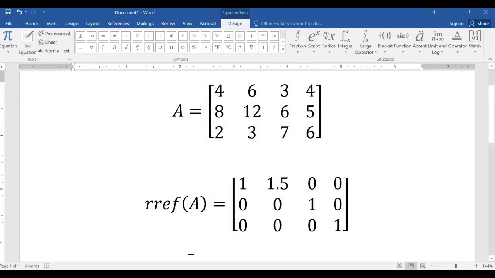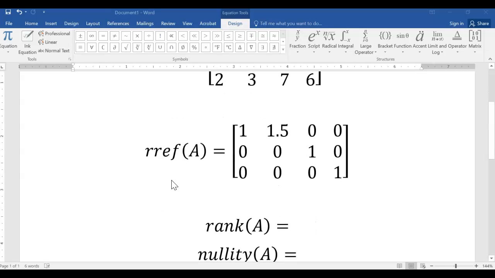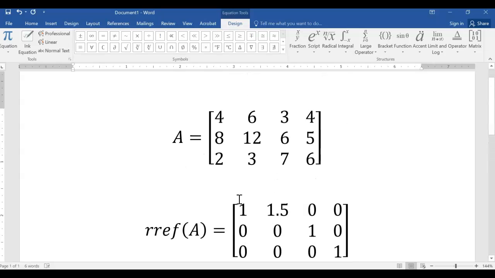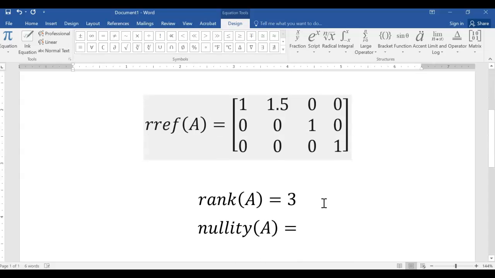Hopefully that all makes sense. So that means the rank is going to be 3. The dimension of the column space is 3, since we end up with 3 vectors in our basis for the column space.